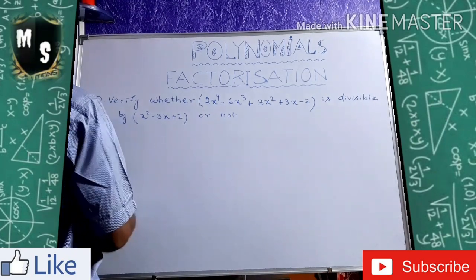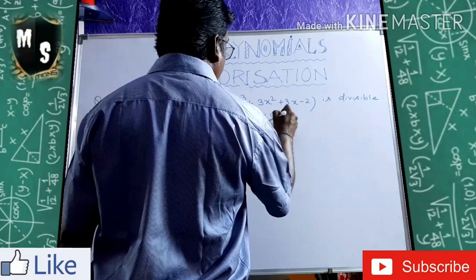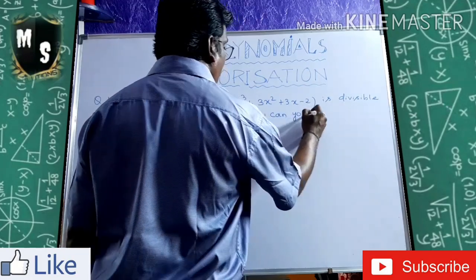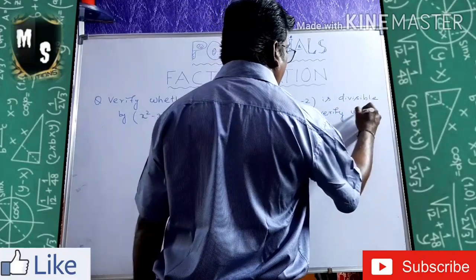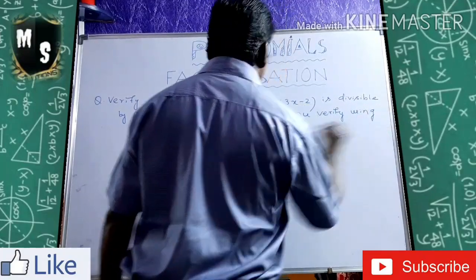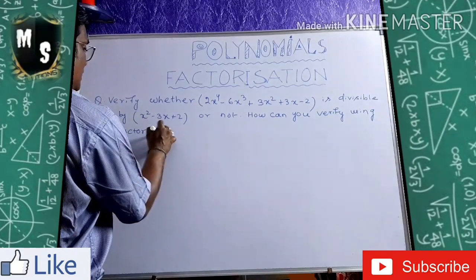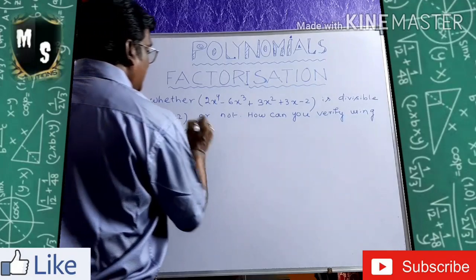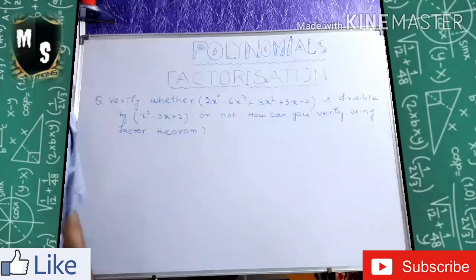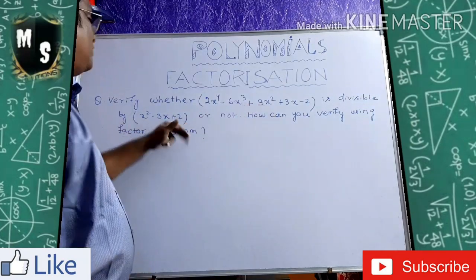How can you verify using factor theorem? So using factor theorem you have to verify whether this polynomial is divisible by this polynomial or not.